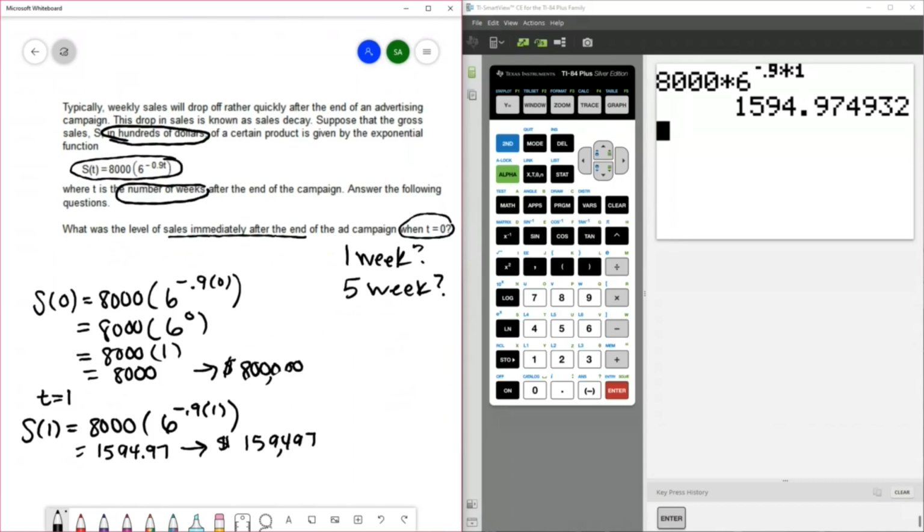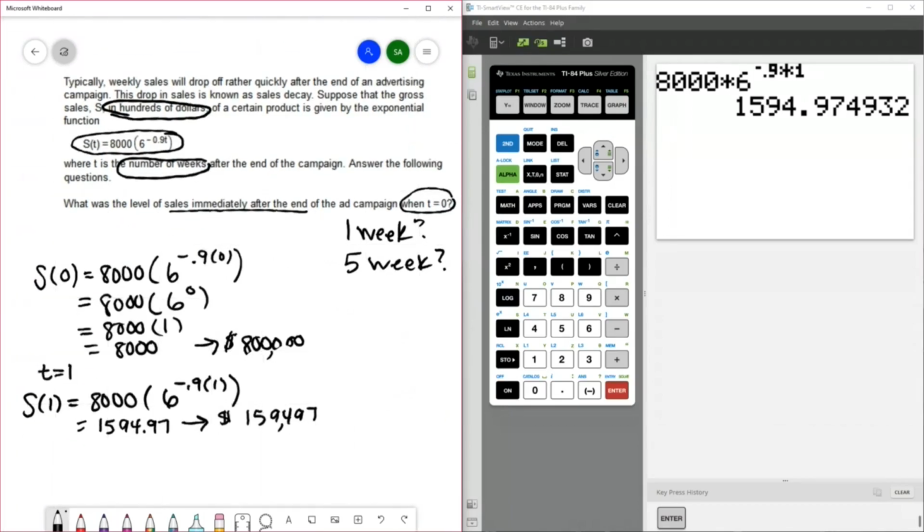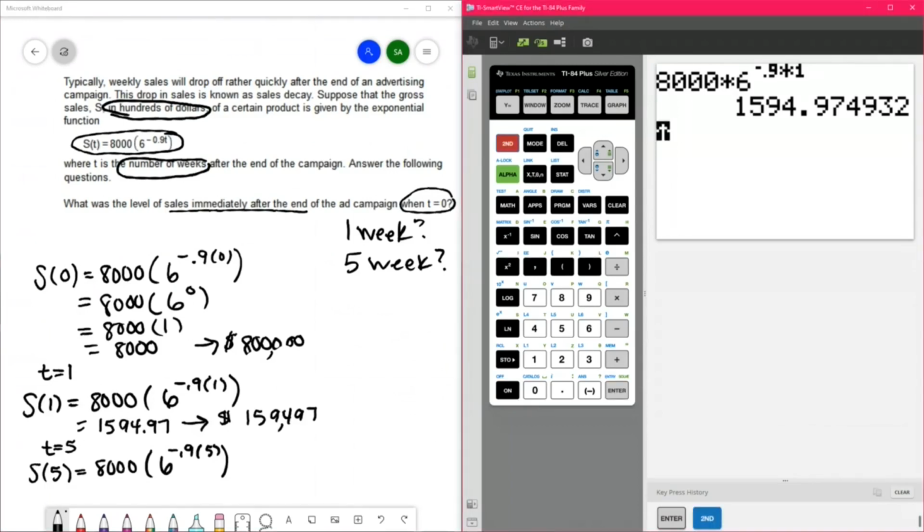And then if we want to find out what the level of sales is 5 weeks later, we're going to let t equal 5 and calculate S of t to be 8,000 times 6 to the negative 0.9 times 5. And I'll use this nice feature in my calculator.